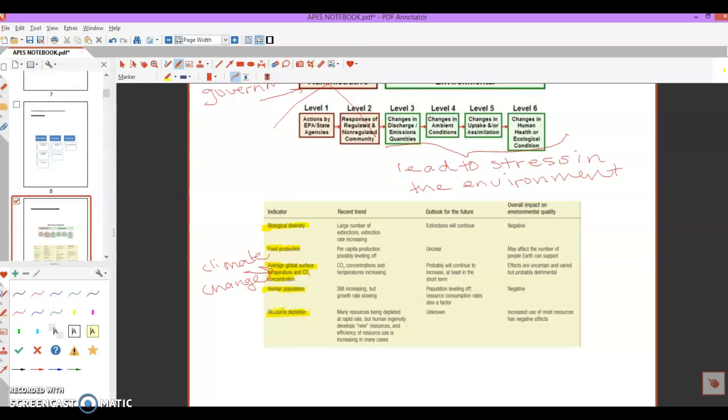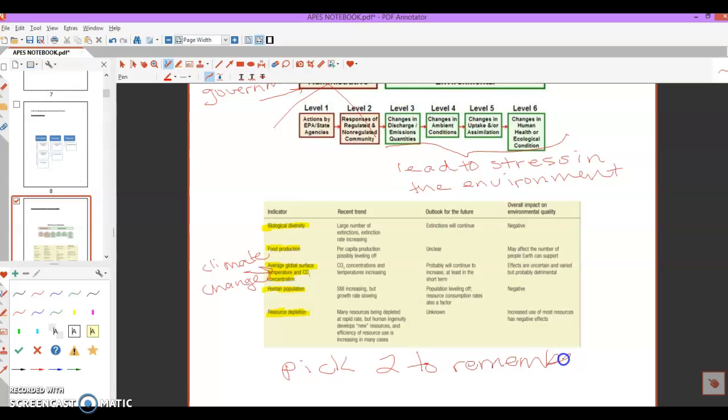Now, for the AP test, you need to be able to talk about 2 of these. So I want you to pick 2 indicators to discuss. It does not matter to me which ones you pick. So pick 2 to remember.